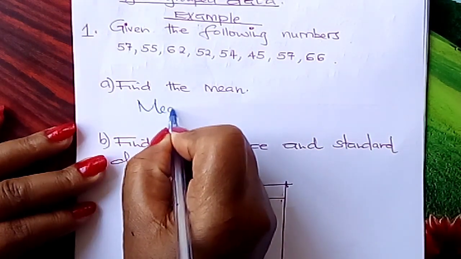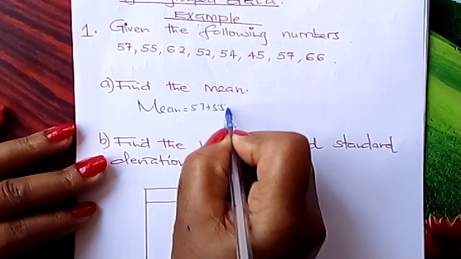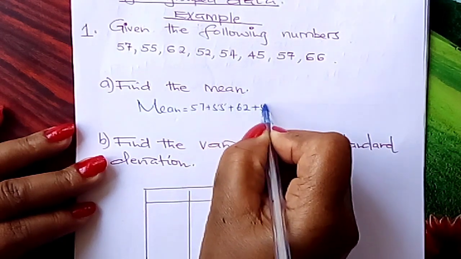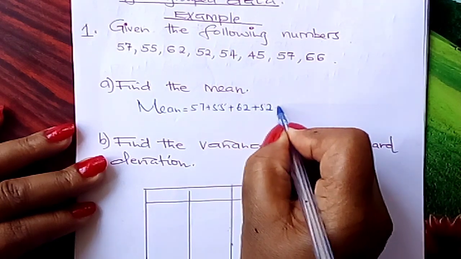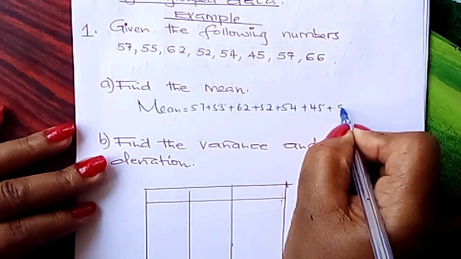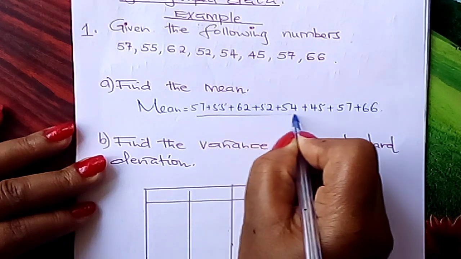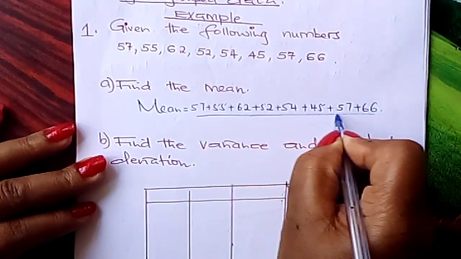And therefore the mean, learner, is given by 57 plus 55 plus 62, 52, 54, 45 plus 57 and 66. Divide by what, learner?